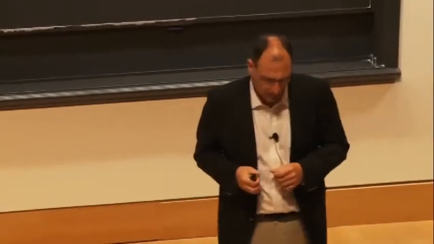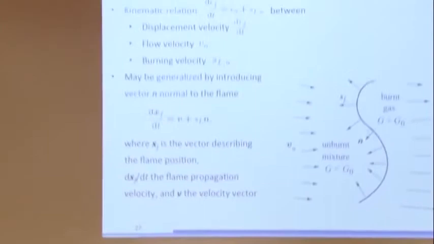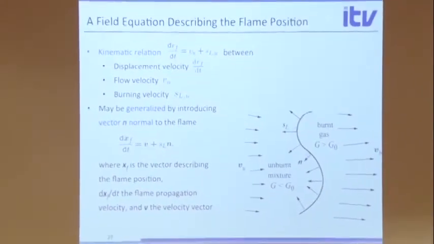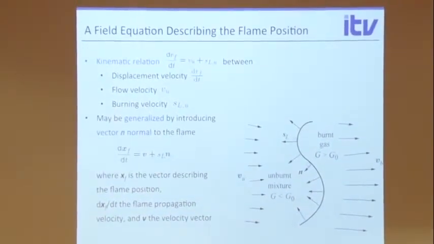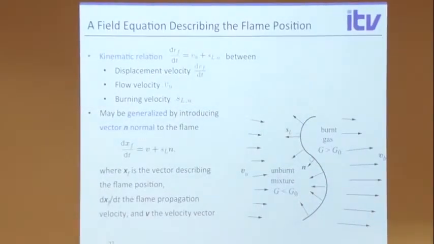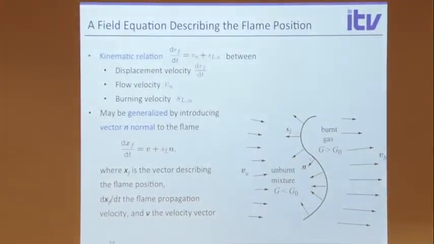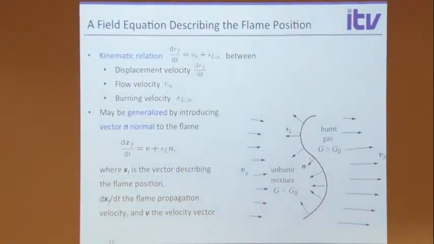There are different ways, in applied mathematics or elsewhere, to track a front. One is this level set method, which is sometimes used to do this in three-dimensional calculations. The nice thing about the level set equation is that you track a front, but you still solve a full field equation.